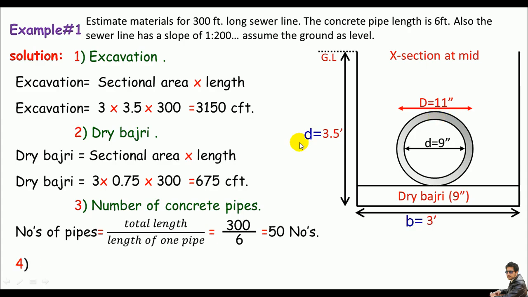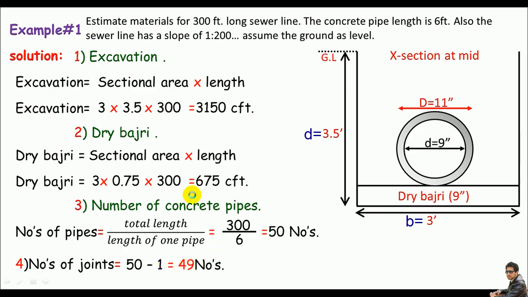What is the number of joints now? I subtract 1 from the number of pipes because we don't need any joint at the end of the sewer line. So the number of pipes minus 1 equals 49 joints.